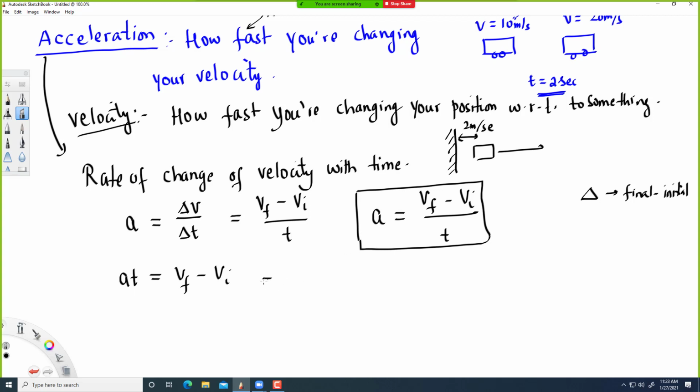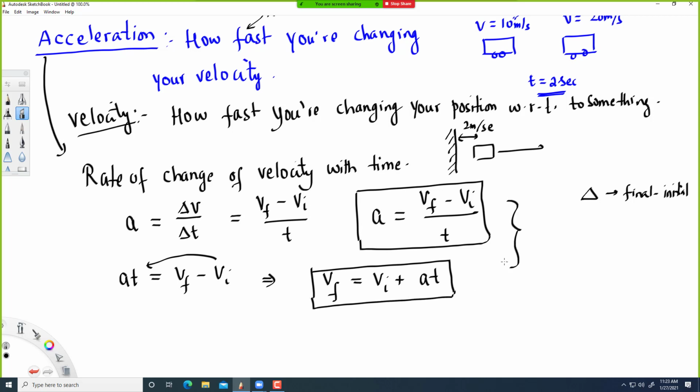Then I can write this in terms of V final: V final would be V initial plus AT. These two are the same equation, just written in terms of different quantities. So this is the first equation of kinematics.